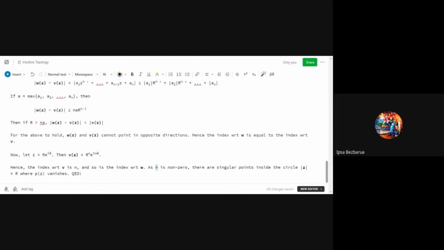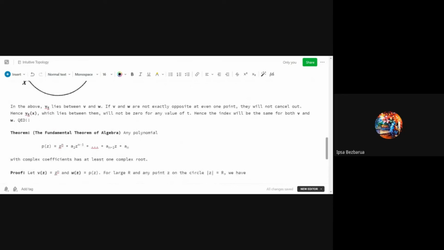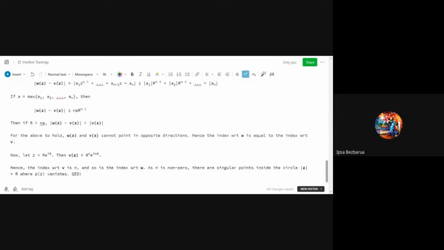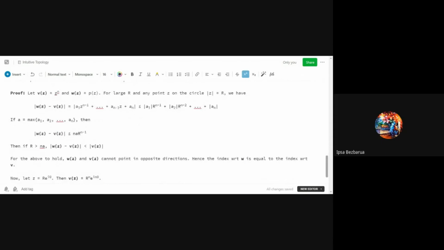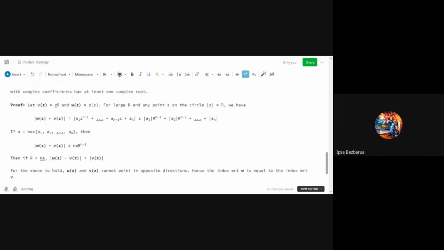So in this proof that I'm doing, I have the index of this vector field V being equal to n, and n is non-zero because this polynomial will have a non-zero degree. It's not a constant polynomial by assumption. So there has to be some singular point inside the circle. And this singular point will correspond to both W and V because they have the same indices.